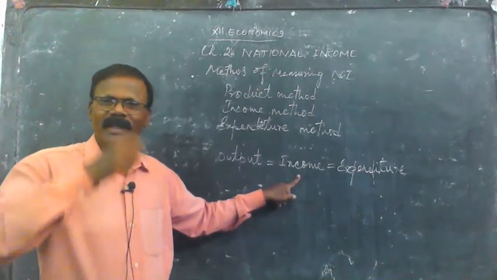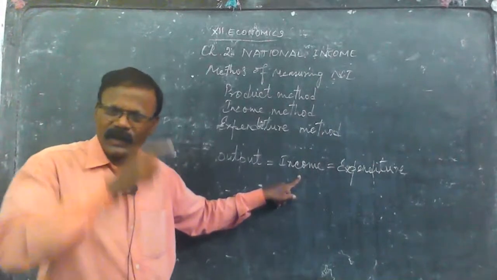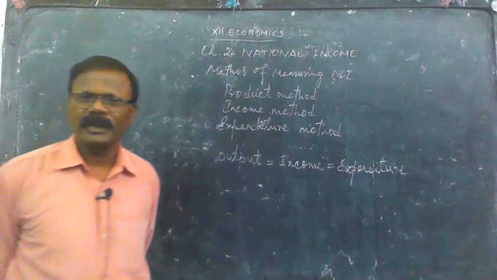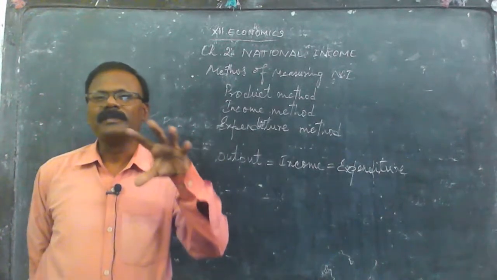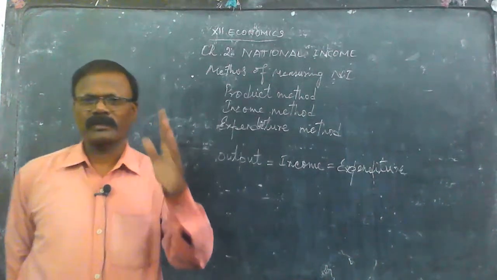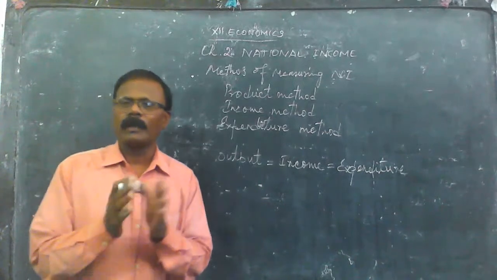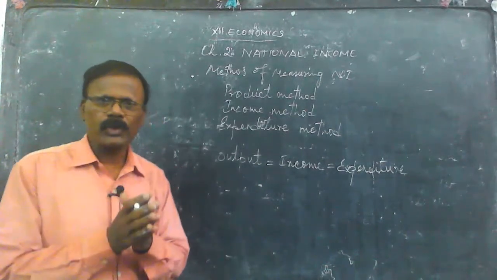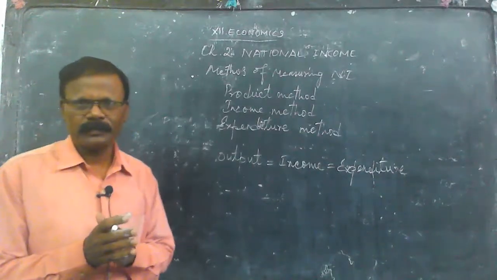That is going as incomes to the factors of production. That is why this point is mentioned: these three methods are circular in nature. This is how the product method is used in measuring national income.